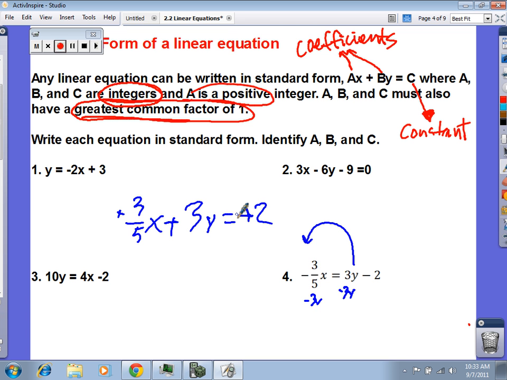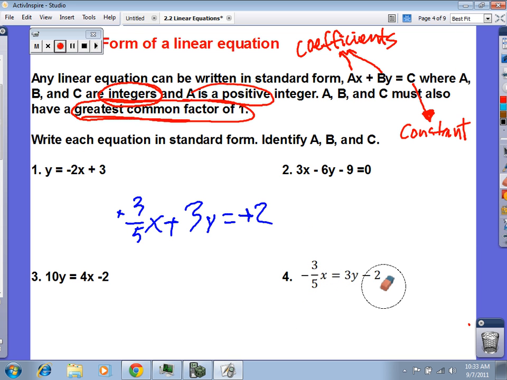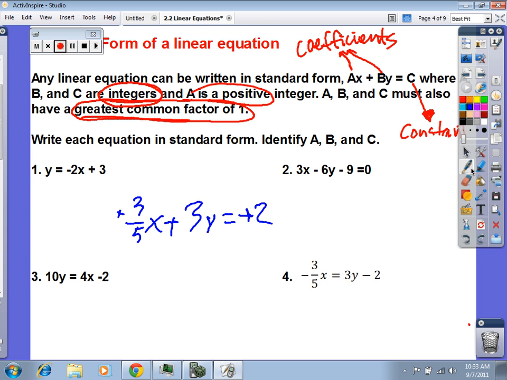Now, do I have integers? Do I have any fractions or decimals? Cannot have fractions or decimals, so we're in trouble. What is your denominator? 5. So here's the easiest way to get rid of a fraction. You just times it by the denominator. If your denominator is 5, you're going to times it by 5.